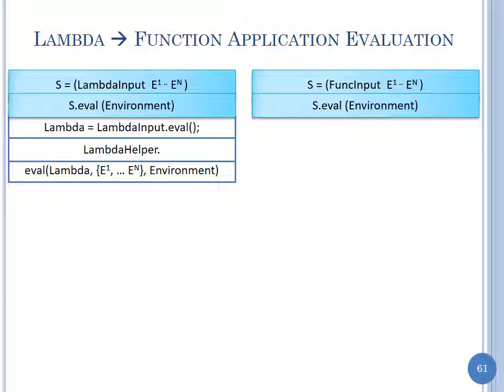We've been given a func input. I did lambda input.eval to get a lambda, and now what will I do? If I do a func input.eval, what will I get?